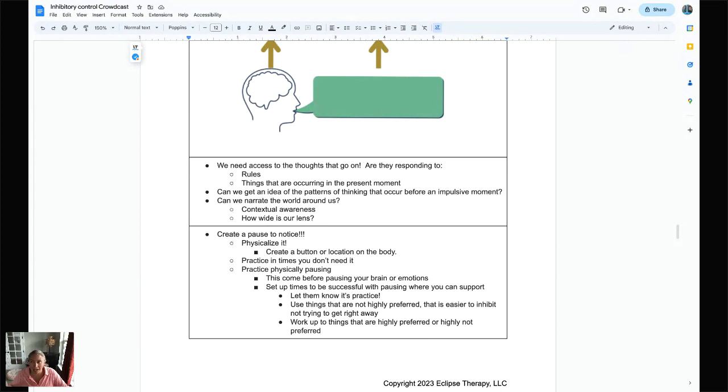Practice again at times that you don't need it, right? I know this is really hard because sometimes you're in survival mode, in fight, flight, you're sitting at that level 2 on your noticing grid, and all you've got is kind of reactive time, right? You don't have proactive time.